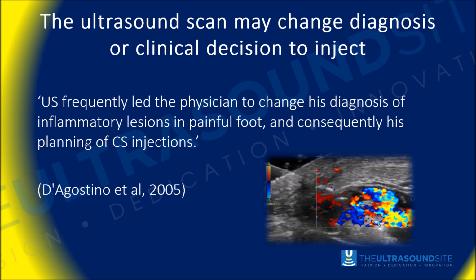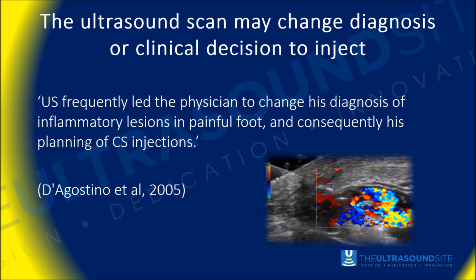There have been many occasions where, when I've started to scan the patient ready to do an ultrasound guided injection, we've seen something. We've seen foreign bodies within joints. We've seen foreign bodies within tissues, just as one example. We've seen partial thickness tears of tendons. We've seen evidence of significant flow within tissue, which then required further investigation to rule out, for example, infection or other types of pathology.